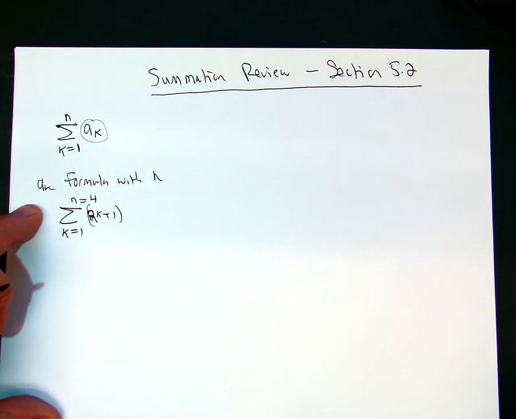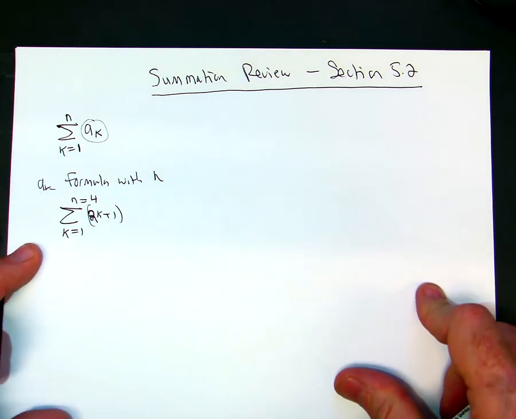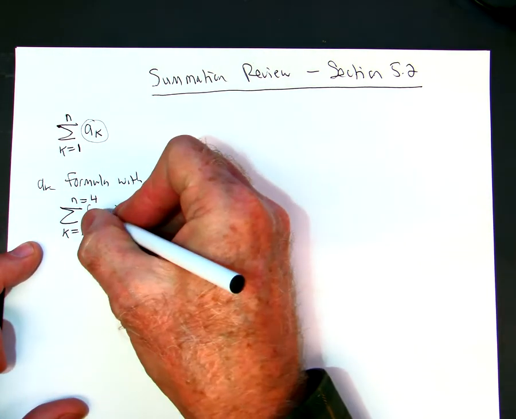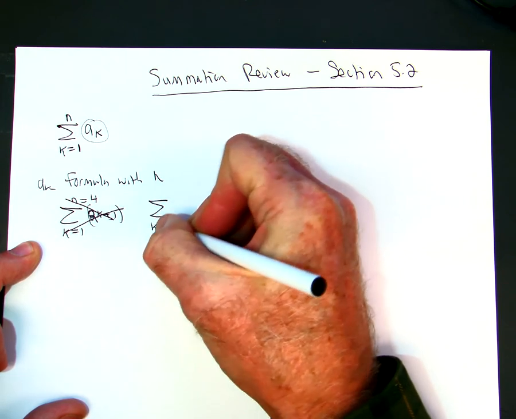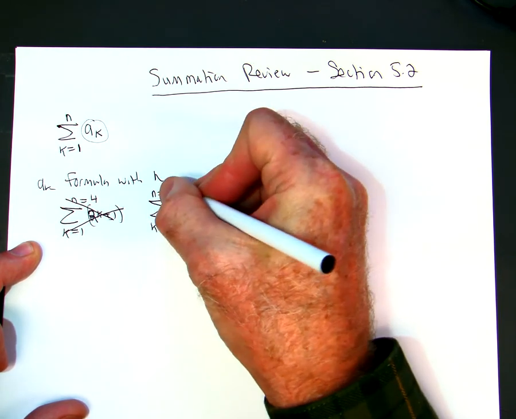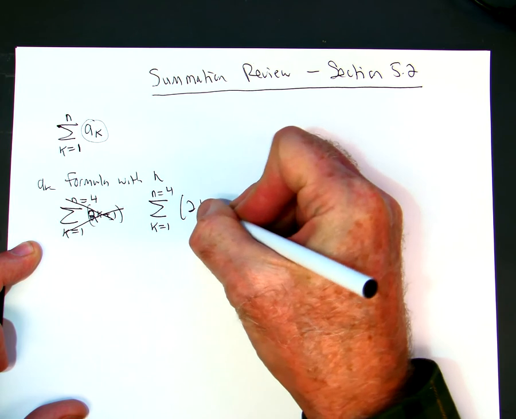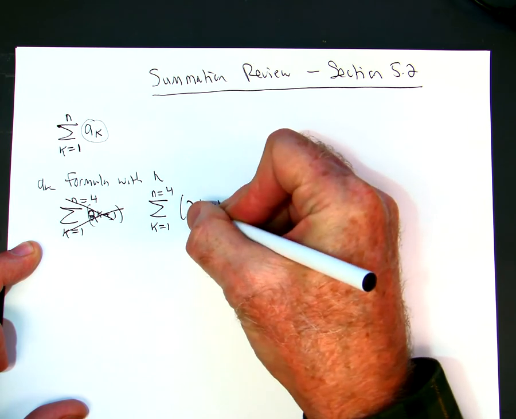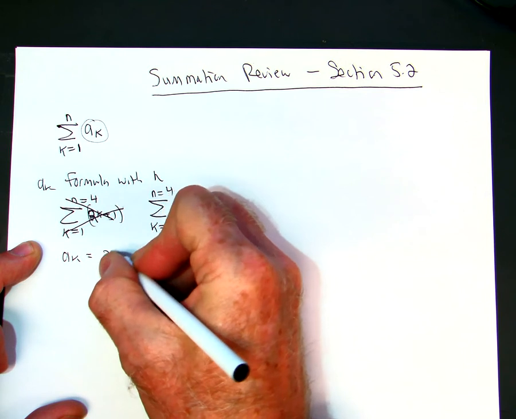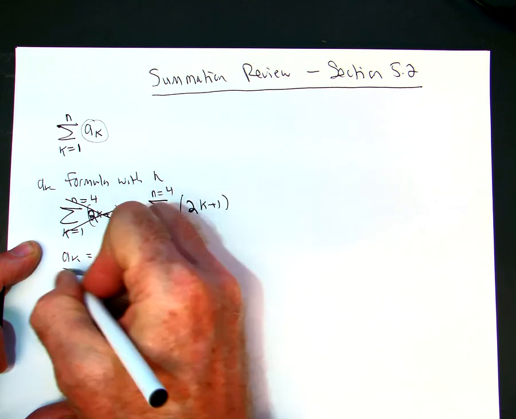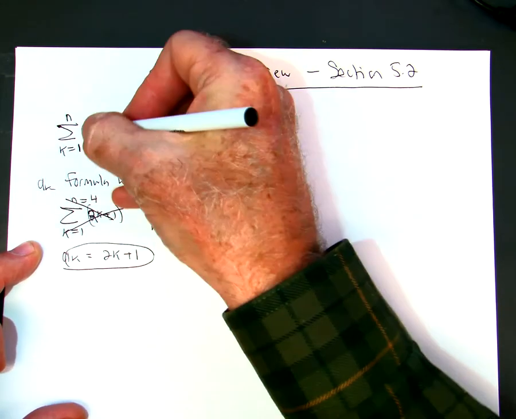It's hard to read. Yeah, that's a little bit better. Okay, actually let me make this clearer. Sorry to be so messy. So here, a_k is equal to 2k plus 1. Okay, so we have some formula.